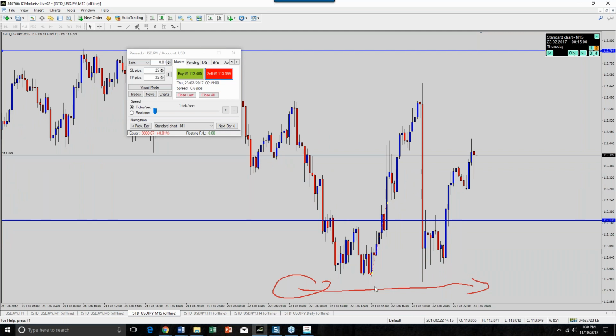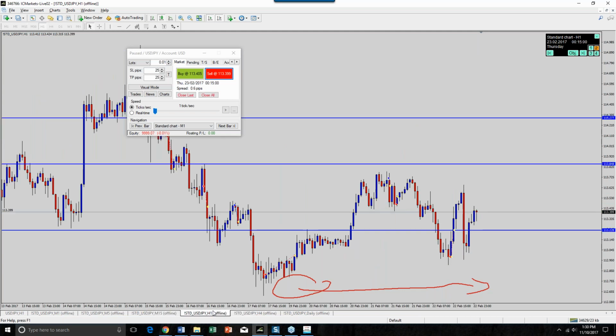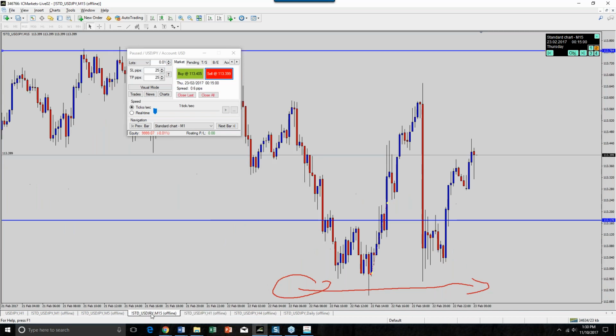So we did see those spikes, so we never actually got to where we needed to be. Once again, simulator is always fun for these events because we don't really know what's exactly happening in the news.